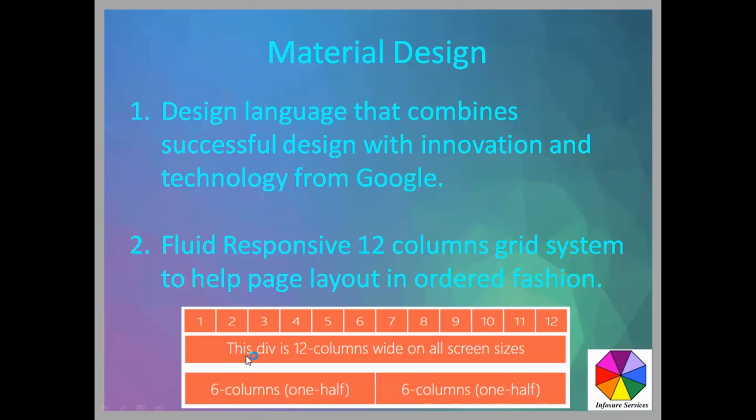And this div is 12 columns wide. There is some code like that in the CSS we can put. We say 12, then it's 12 columns wide. All your user interface components will fit into that sort of design. And below you could have 6 columns in one half, 6 other columns in the other half, like that.